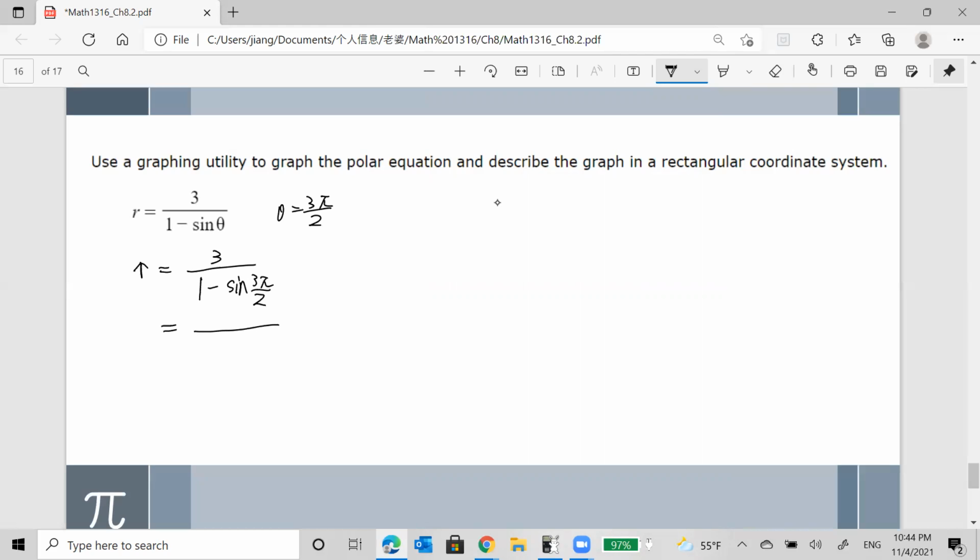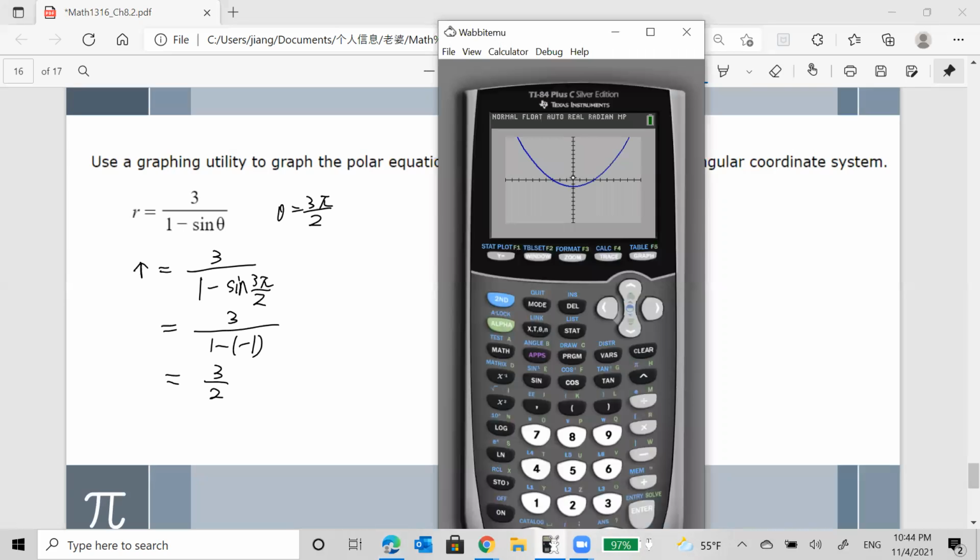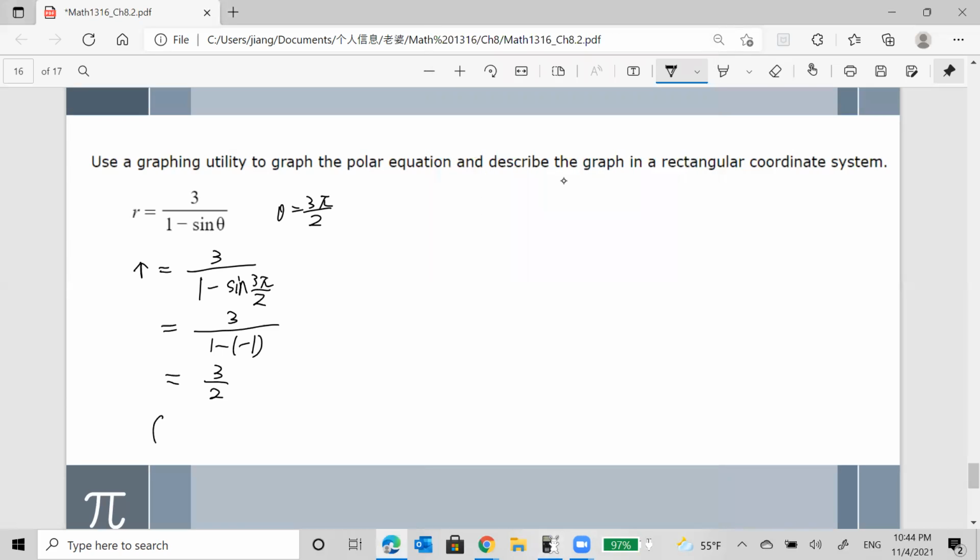Is that negative 1? Yes. That's 1 minus negative 1, that's 3 over 2. That means the distance from here to here is 3 over 2. So the vertex in the polar system, I can write it as (3 over 2, 3 pi over 2). This is R. How about theta? Theta is 3 pi over 2. This is in the polar system.